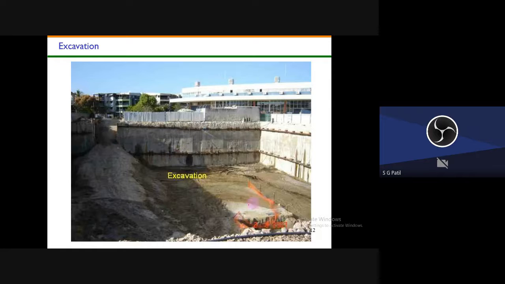Okay, so here are some examples of the retaining wall. Can you see here? This is the excavation. Here your new project is coming up. Once you are building some new structure, it is your responsibility to make sure that no damage occurs to the existing structures. The safety of these existing structures is on your shoulder. If any small cracks appear in these structures, then the owners can go to court and stop your entire project.